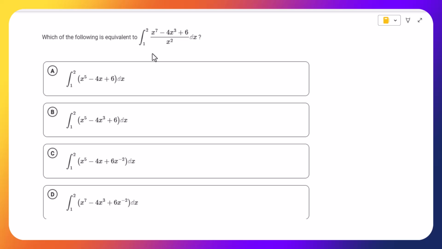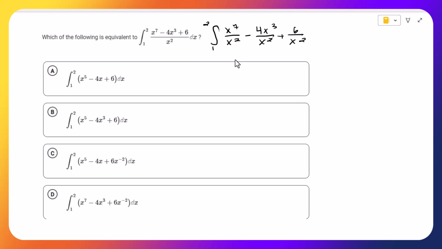You actually could use long division here, but you don't need to, and if you don't need to do something, work smarter, not harder. Let's just take the denominator and divide all of our terms by the denominator.